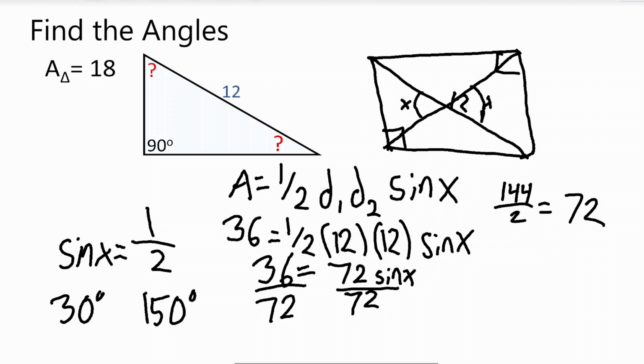Well, we know this by seeing if the angle is an acute angle, it should be 30 degrees. And if the angle is an obtuse angle, it should be 150 degrees. So this angle, as you can see here, is an acute angle as it's less than 90 degrees, which means this angle inside is 30 degrees.